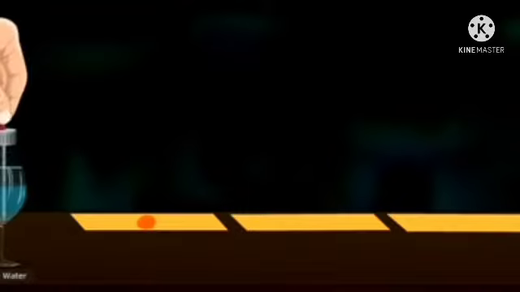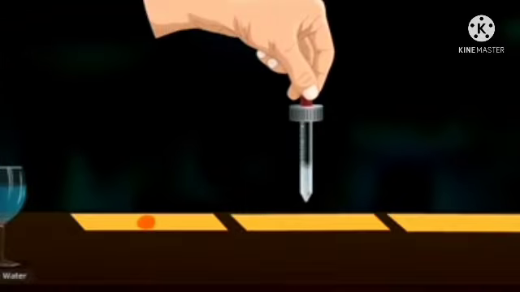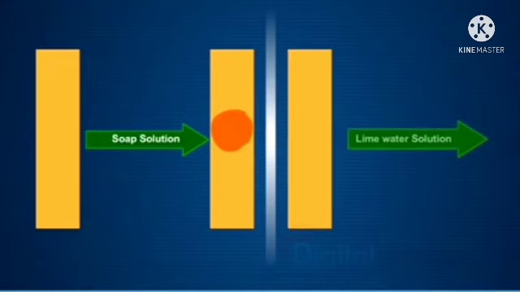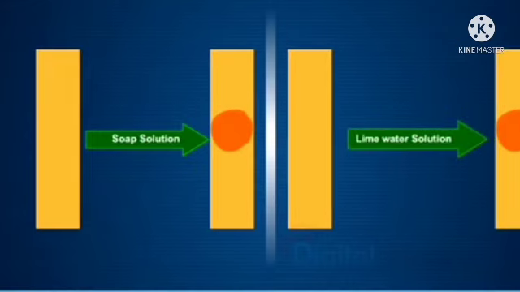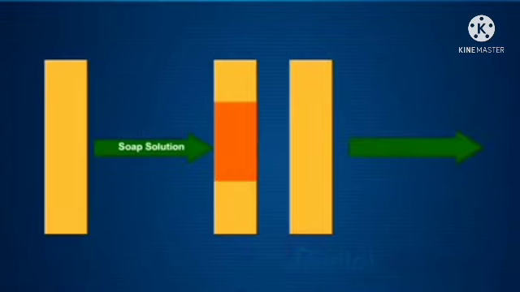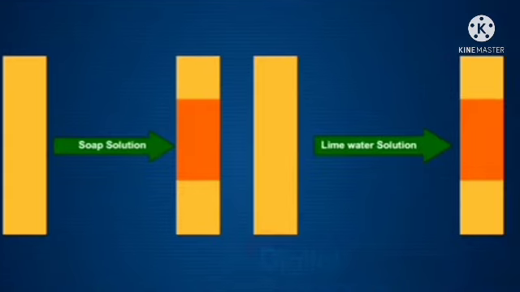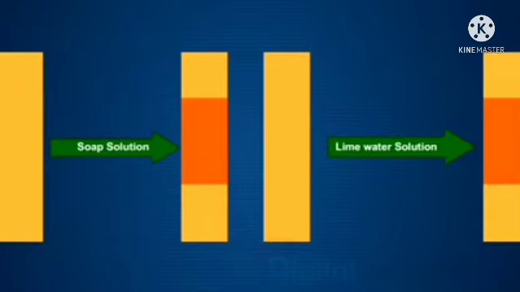Repeat the same procedure with lime water and observe the changes. We have observed that the turmeric changes color when soap water or lime water is added. Finally, we learned that the substances that indicate a change in color when some substances are added to them are known as indicators. So, turmeric powder is an indicator.